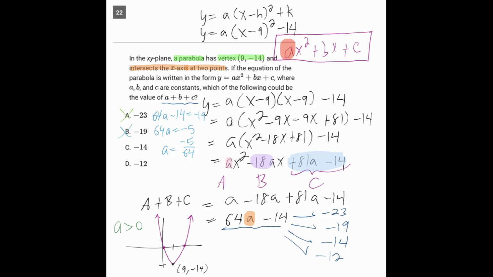So this one also doesn't work. Going to answer choice C now, we would have the 64A minus 14 equals negative 14. We can add 14 to both sides. 64A equals 0, and A would equal 0 as well. So close to being positive, but it's not positive, it's 0.